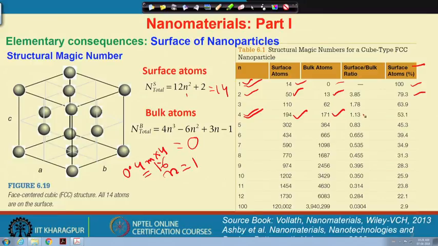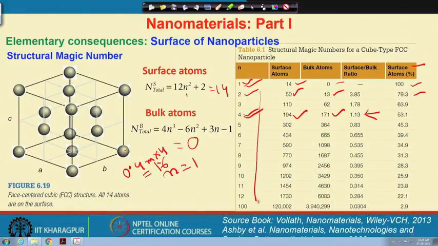So, it is now almost like the surface to bulk ratio is 1.13, the same number of surface atoms and atoms present in the bulk. Here we only consider one atom layer on the surface. And if we increase the number up to 100, even then around 2.913% of the atoms are present on the surface, and these are the structural magic numbers.